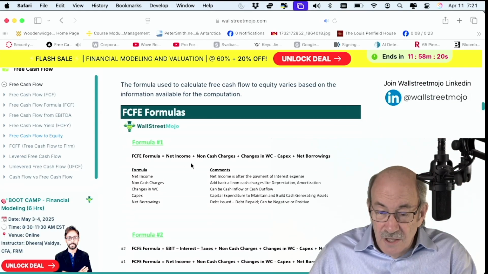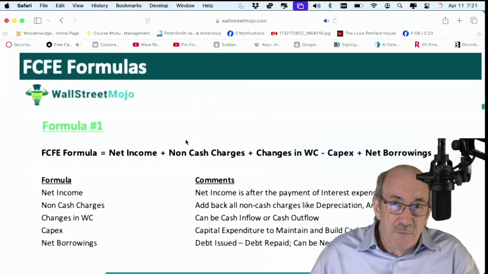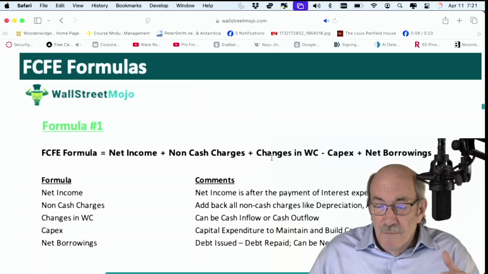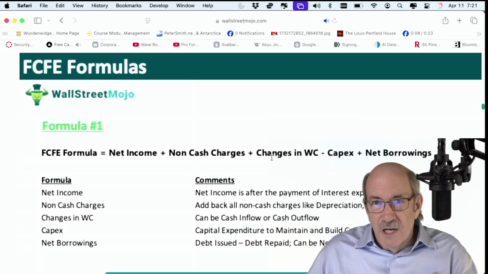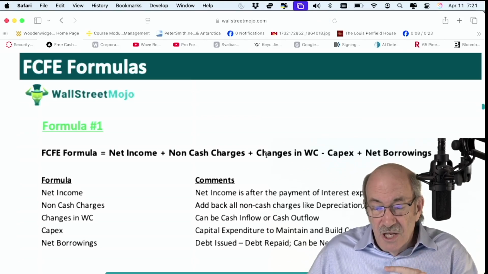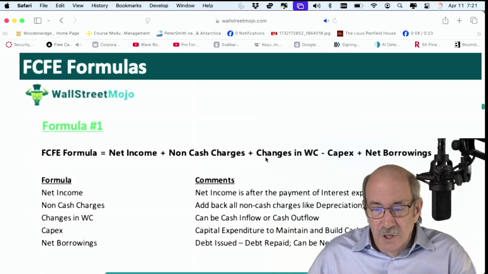So you'll notice that the formula is net income plus non-cash charges, that would be our depreciation, plus changes in working capital. Now, it depends. Usually working capital goes up, so that means that this is actually a negative. It's an expense; you are adding to working capital.